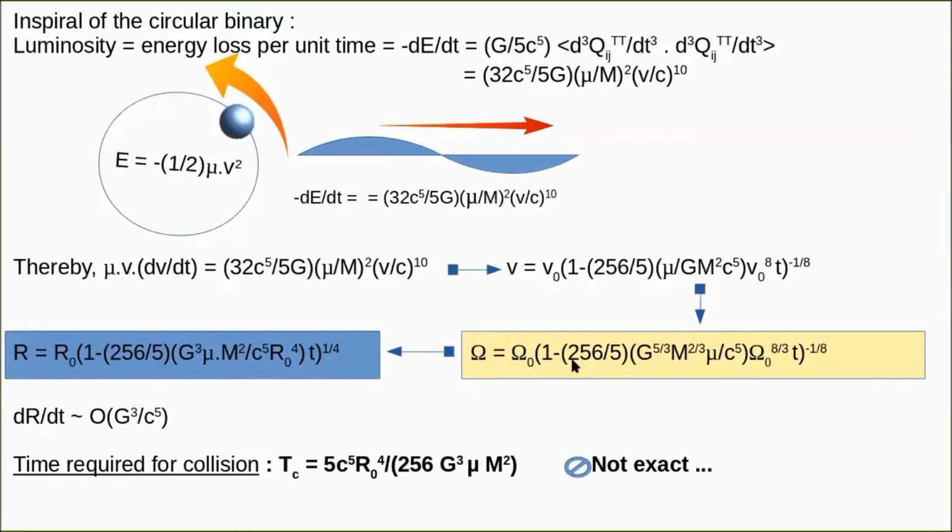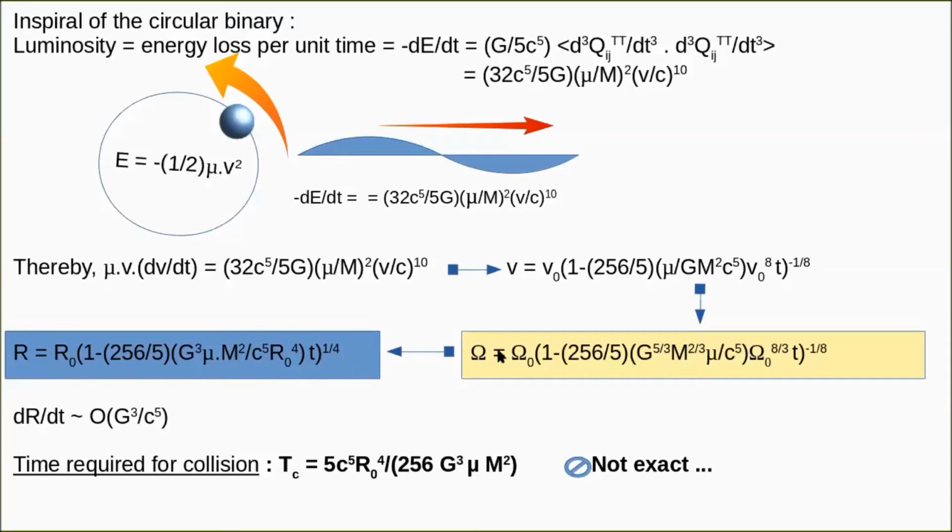Here you see that the radius is decreasing with time. Here the bracket is maybe misprinted. Here t is in the denominator, and thereby the radius of the orbit is shrinking.